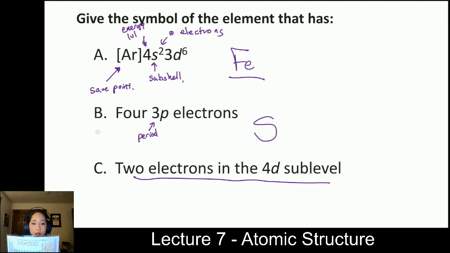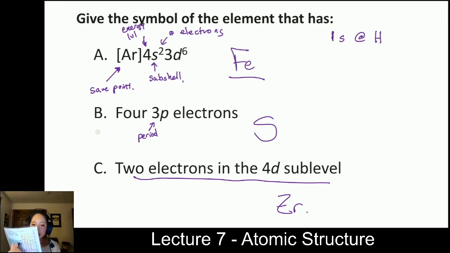Yttrium only has 1 4d electron, so zirconium would have 2 electrons in the 4d sublevel. And I'll just remind you with these different blocks that the S block always starts with 1s at hydrogen.